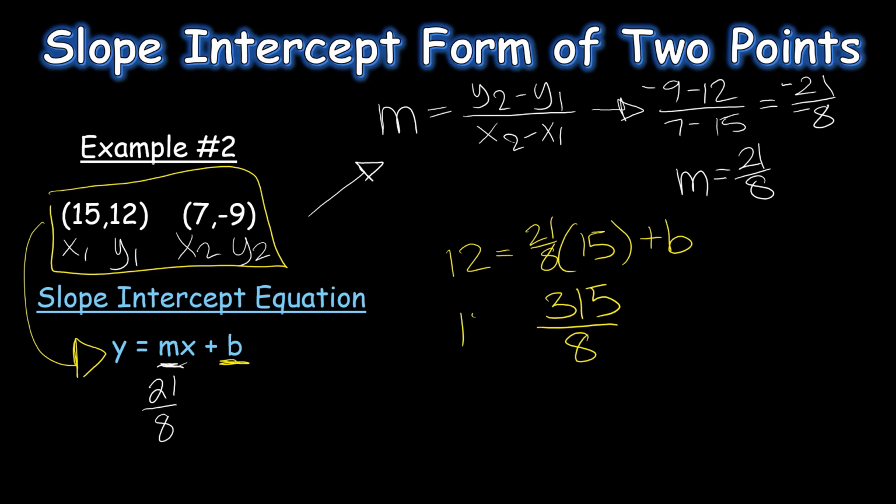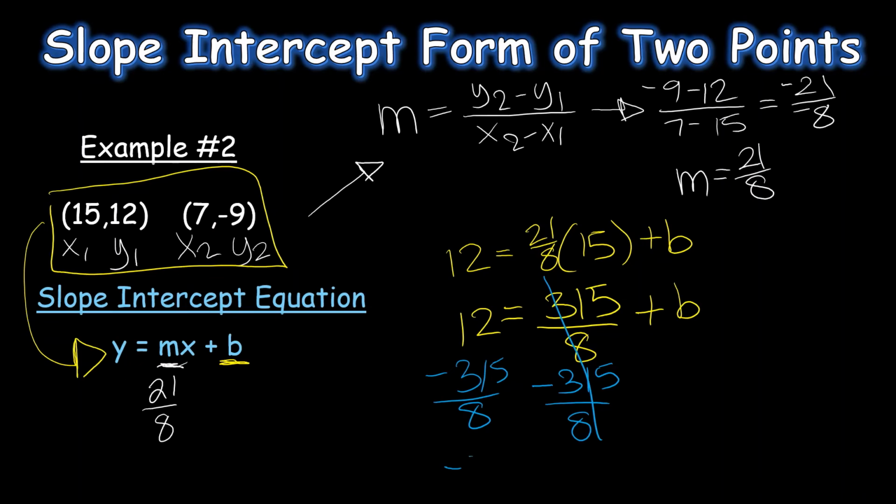So we have 12 equals 315 over 8 plus b. Now we have to subtract 315 over 8 from both sides. This gets us 0, and then we subtract 315 over 8 from 12, and we get negative 219 over 8. So negative 219 over 8 equals our b value, or our y-intercept value.